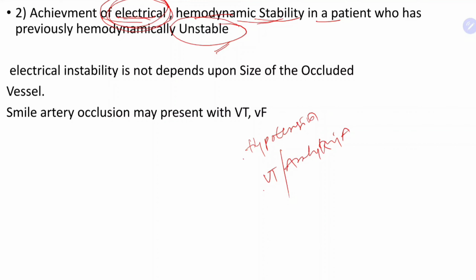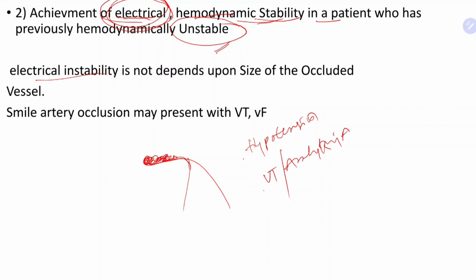The most important thing is that electrical instability does not depend upon the size of the occluded vessel. Suppose this is the LMCA; left main coronary artery occlusion doesn't necessarily produce massive electrical instability.